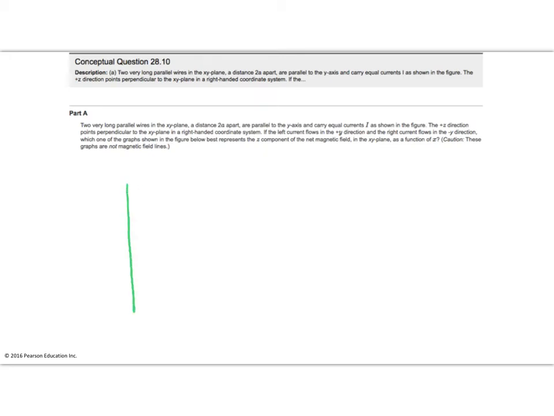So the wire on the left is carrying current upward and the wire on the right is carrying current downward. So I'm going to just start with the red wire and think about what the magnetic field looks like to the left of the wire and to the right of the wire.